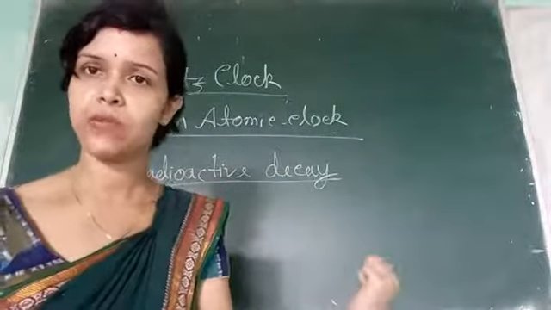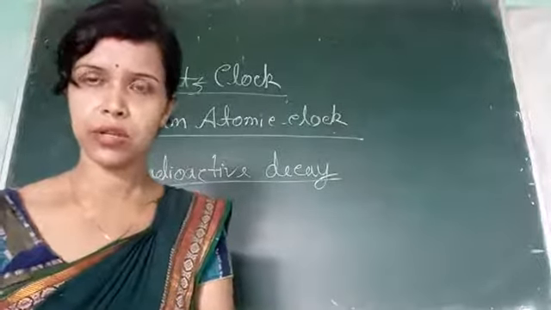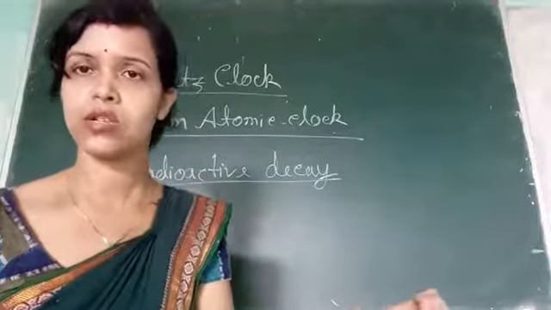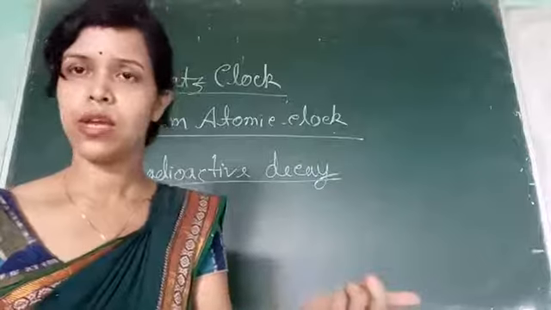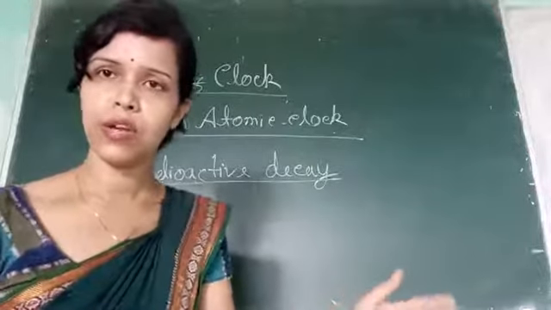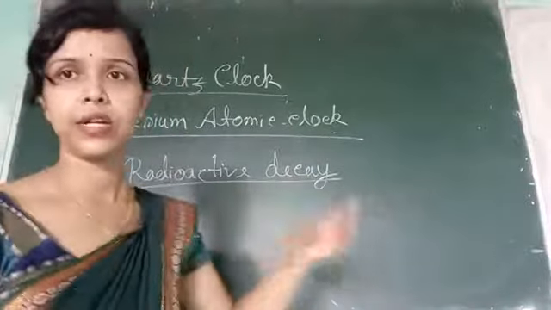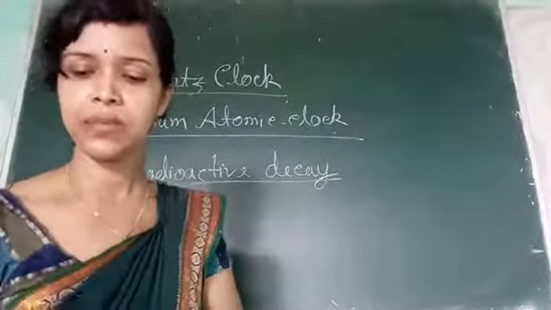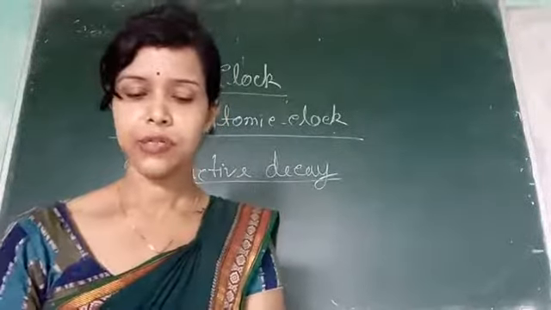With the help of this technique we can measure long intervals, whereas a clock cannot help. With the help of a clock we cannot measure a long interval. In that case we have to use this technique, radioactive decay. So in radioactive decay, how can we measure the long interval?